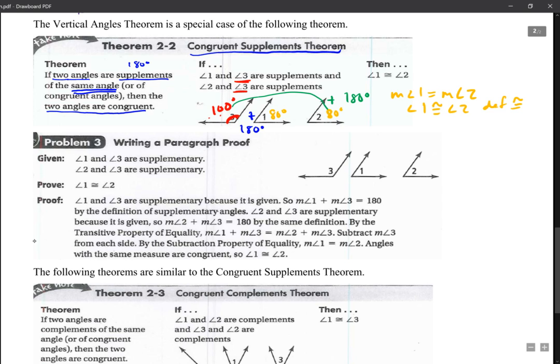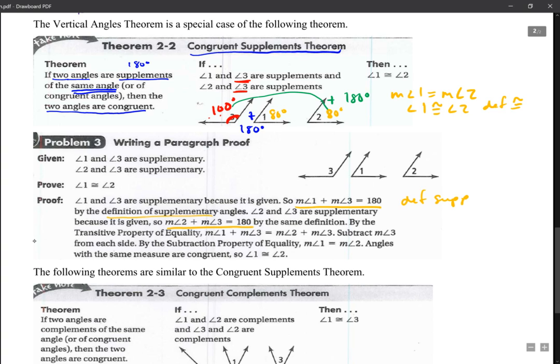Because they're supplementary, that's given, we can say that they sum to 180. Right? Isn't that what we just did up there? They both sum to 180. How come? Definition of supplementary, right? By definition of supplementary.